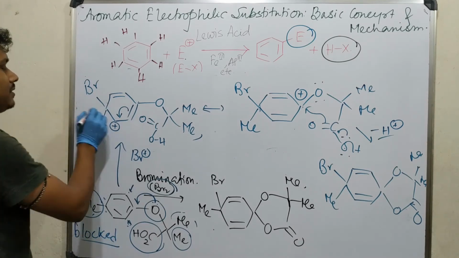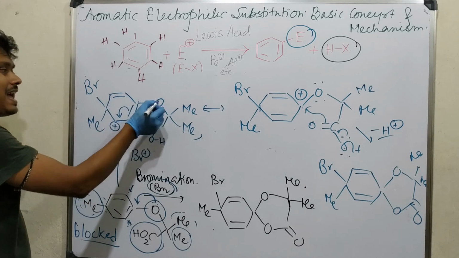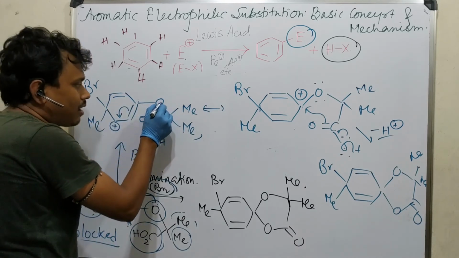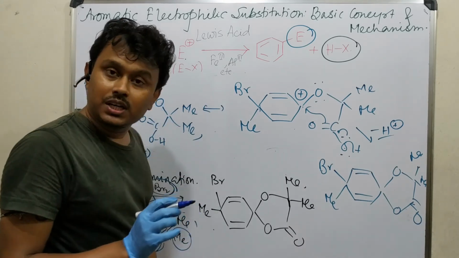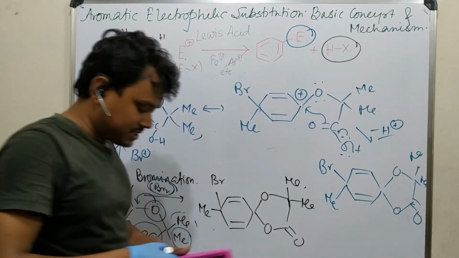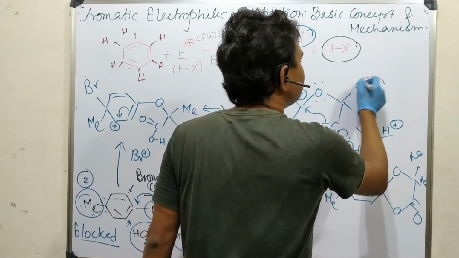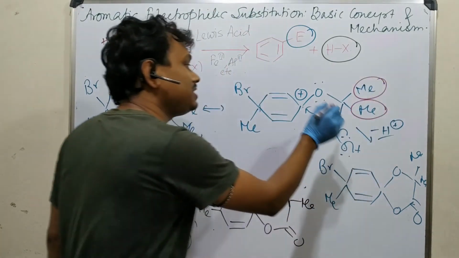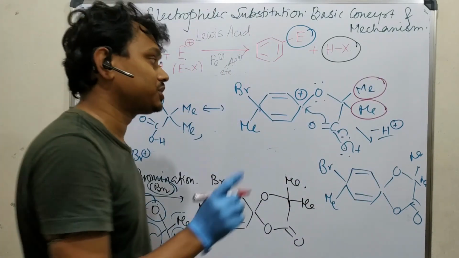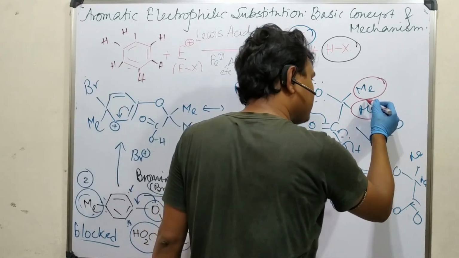Blocked. Fine. So now it will come here, and see the design: the oxygen forms that 5-member ring, and the second interesting point which I found is the presence of methyl. The presence of this methyl helps ring formation. I will explain this in some later videos.